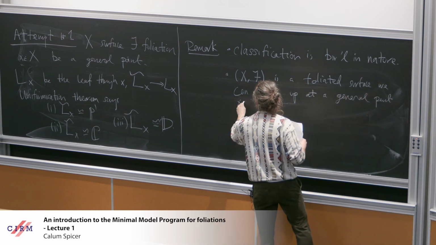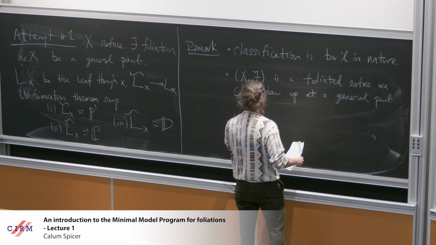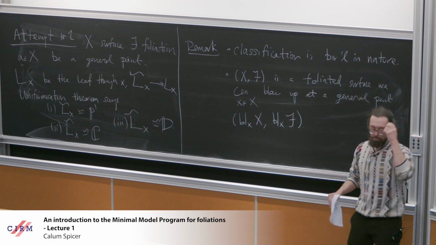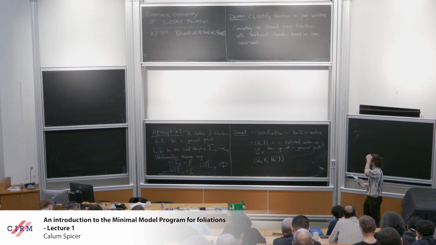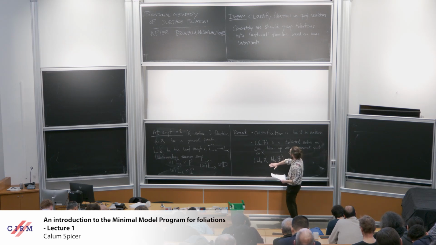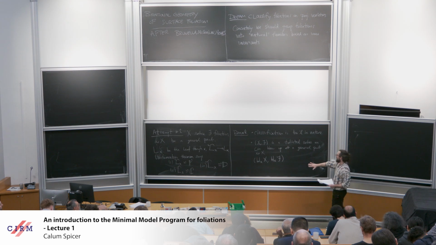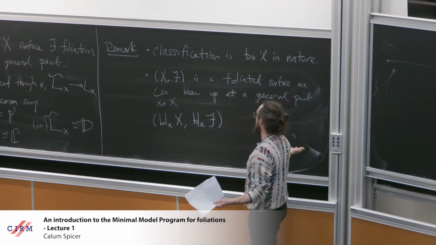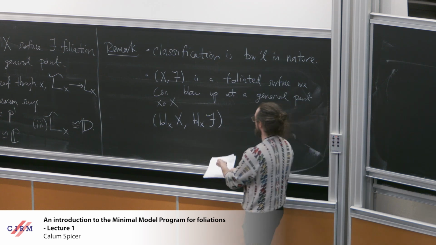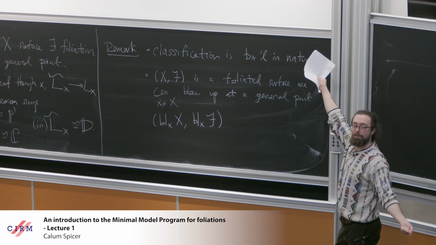So we have the blow up of X at a point, but we can also blow up the foliation F. I just want to pause to emphasize that we can really take the birational transform of a foliation. Let's say X is smooth, so F can be defined by a single vector field. All we're doing is taking a vector field defining the foliation, taking its transform under the blow up, and that defines a new foliation up on the blown up space.